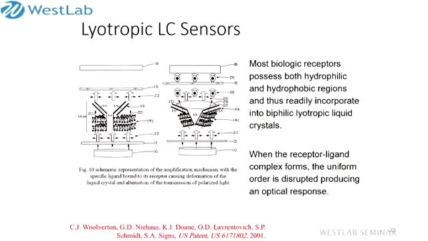Most biological receptors possess both hydrophilic and hydrophobic regions, and thus are readily incorporated into the lyotropic liquid crystal. When a receptor-ligand complex forms, the uniform order is disrupted, producing an optical response.